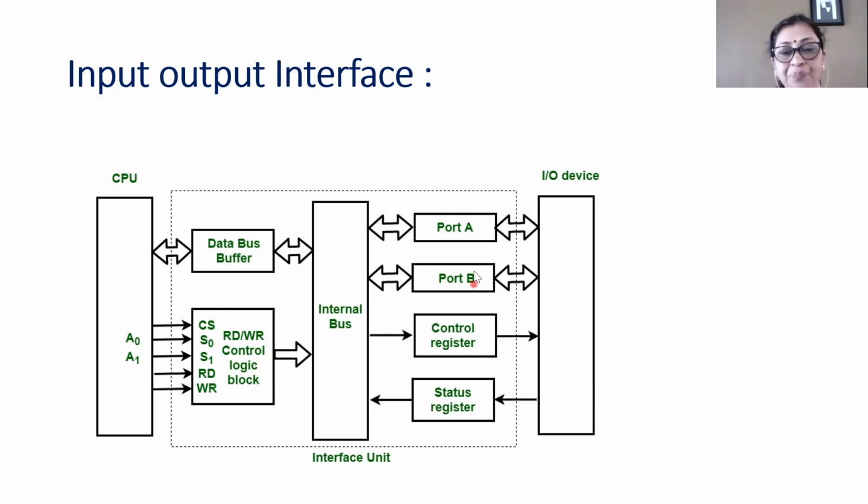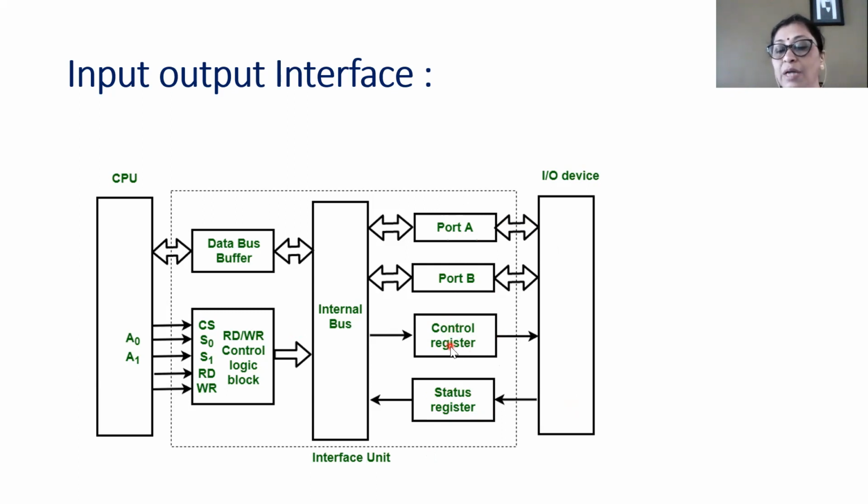Apart from these two, port A register and port B register, this is called the control register, and this fourth thing is called the status register. The control register is going to control the input output device in a predefined manner, and this is done by writing a command into the control register.